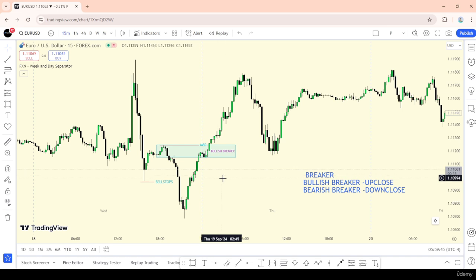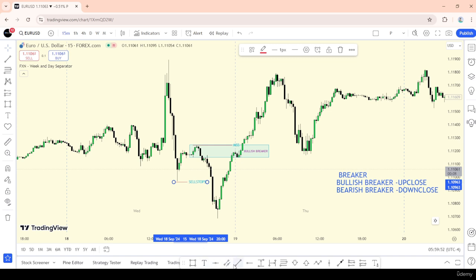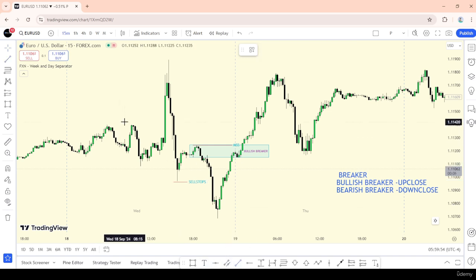For a bearish breaker, we have to have run some form of buy stops. Let me outline some form of buy stops. You can see here there was a set of orders, relatively equal highs, where buy stops were residing.